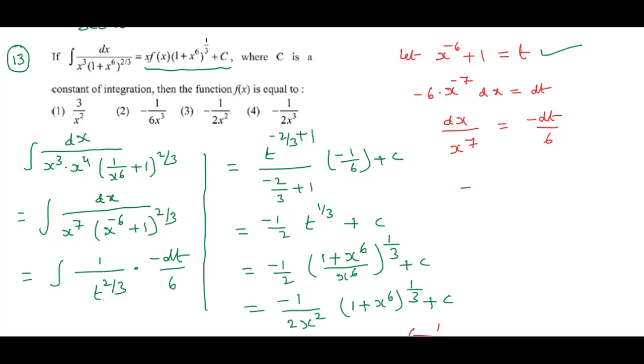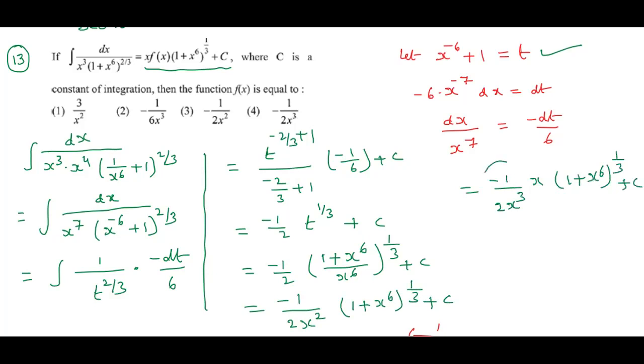But here x into f of x is there. Here there is no x. Do one thing, multiply and divide with x. Minus 1 by 2x cube into x, (1 plus x power 6) whole power 1 by 3 plus c.